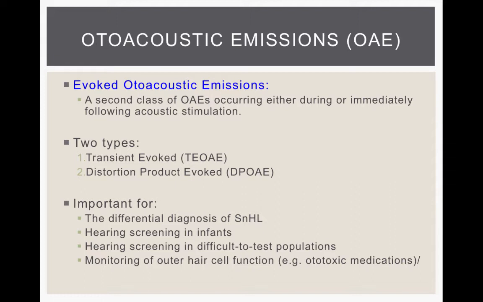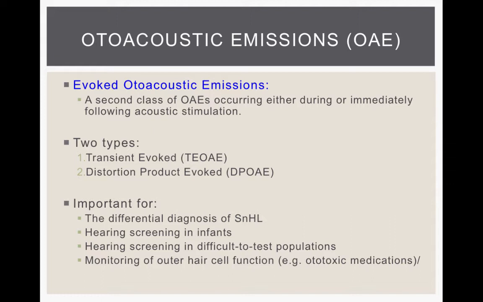So everybody with normal hearing or healthy cochleas have evoked otoacoustic emissions. This means everybody with normal hearing, I can send sounds into your ear and record a response from your outer hair cells processing those sounds with a very sensitive microphone.